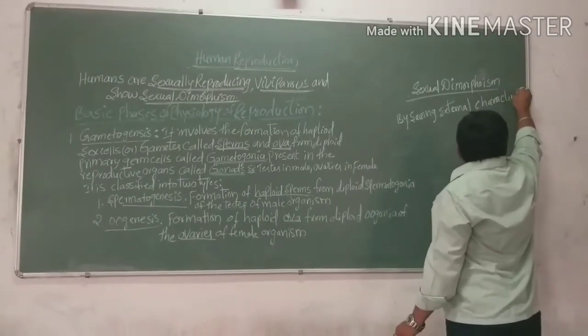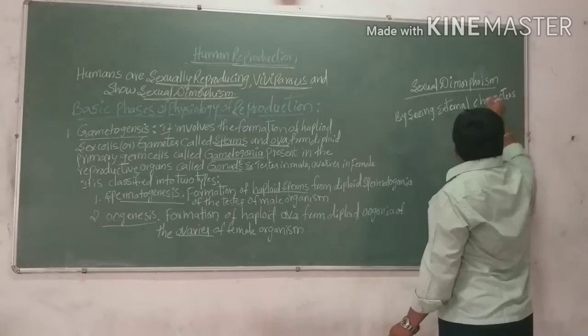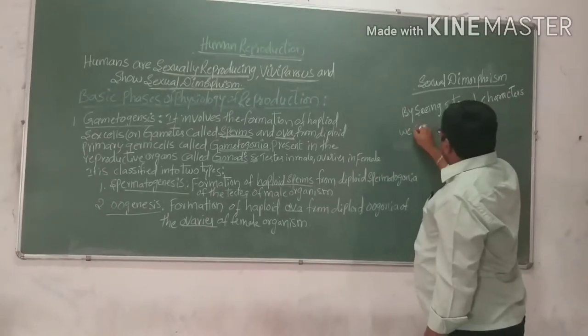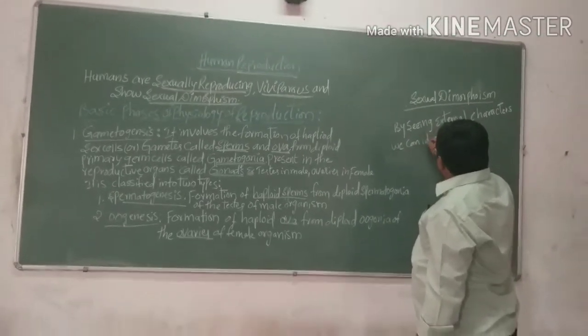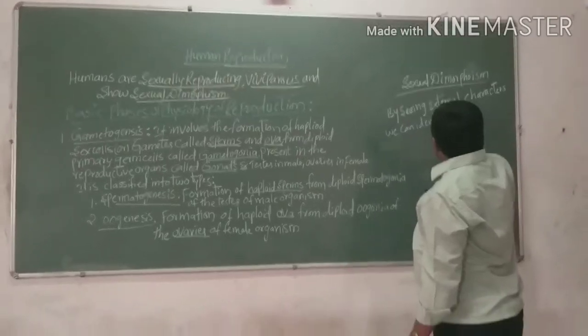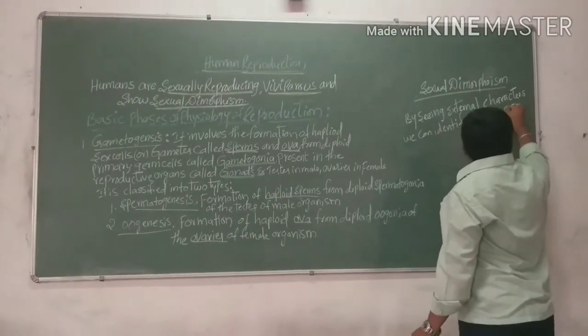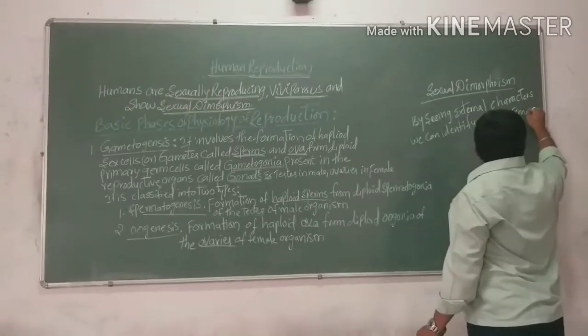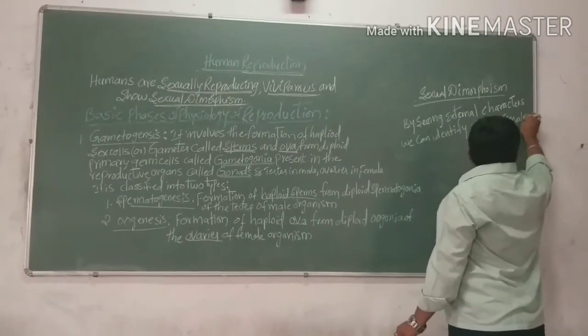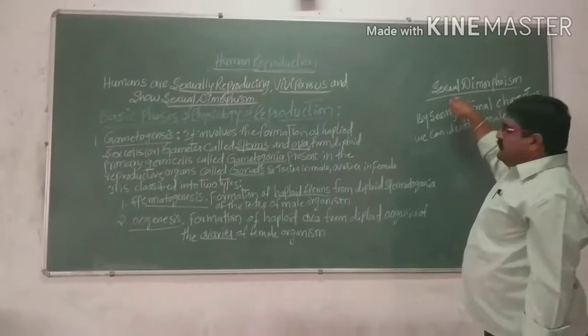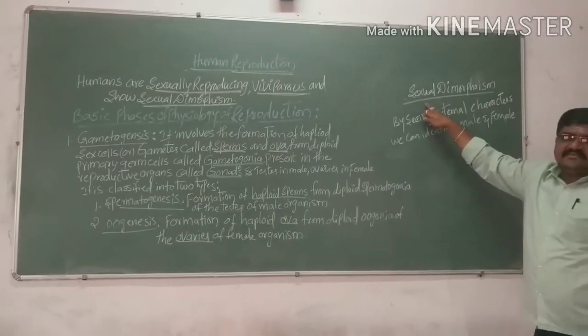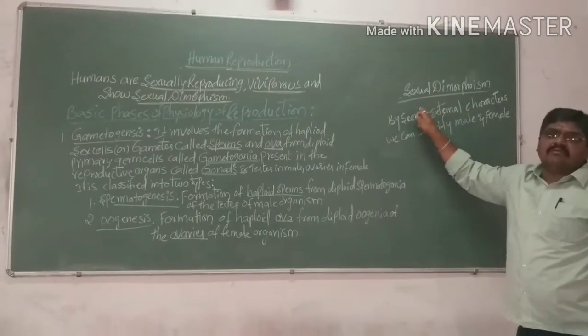By seeing external characters, we can identify the male and the female. We can identify the male and female, so we call this sexual dimorphism.